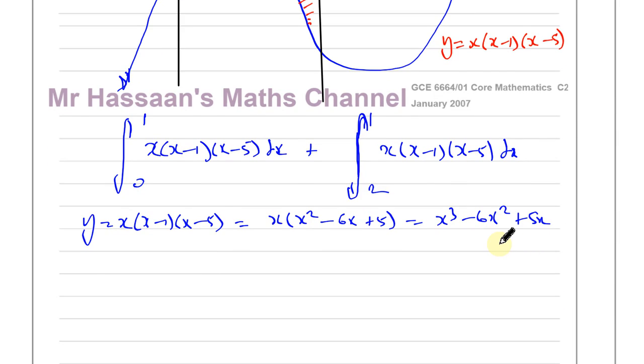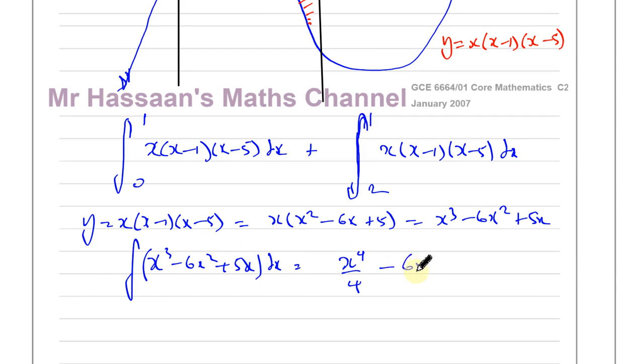So now, if I integrate this, x cubed minus 6x squared plus 5x, with respect to x, I'm going to have x to the power 4 over 4 minus 6x cubed over 3 plus 5x squared over 2 plus c.